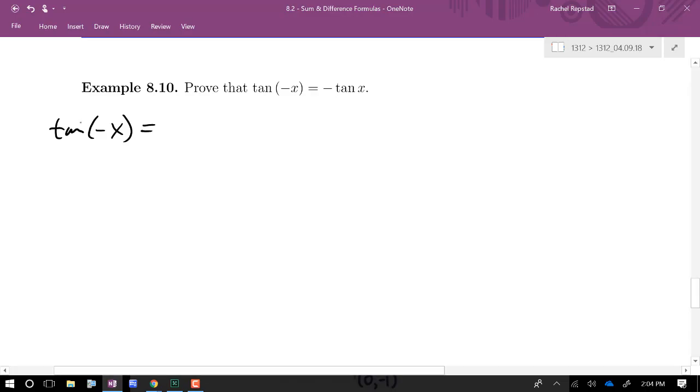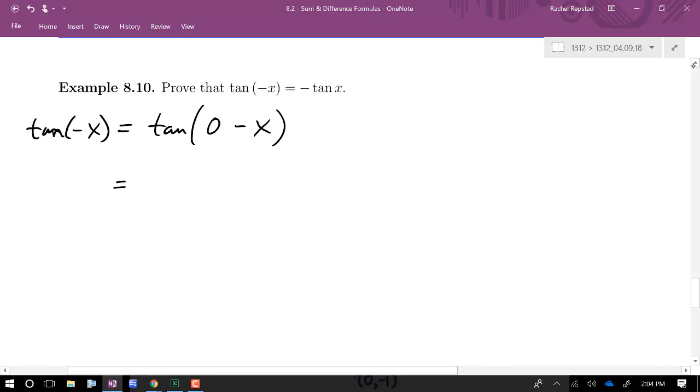So it doesn't seem like we're subtracting or adding inside, but we are. It is tan of negative x is equal to tan of 0 minus x. So that's my first step. I've got a difference inside, and now we can use the difference formula for tan, which I'm just copying from that first page of this section.